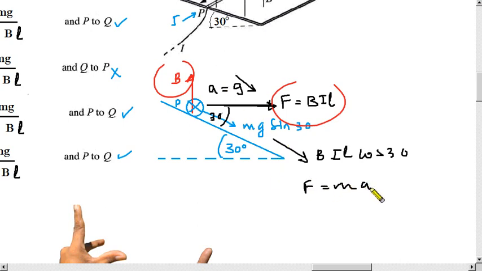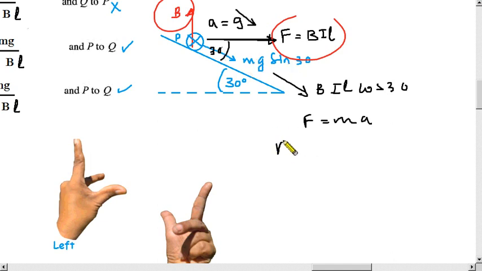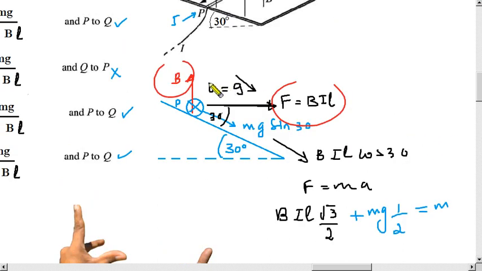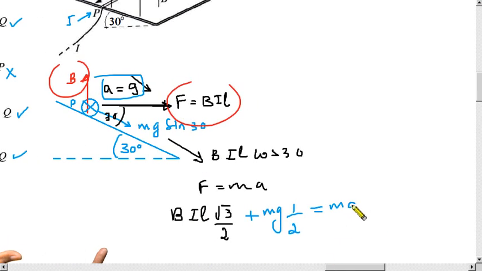So F equals ma. We have two forces downwards: BIL cos 30, which is BIL times root 3 over 2, plus mg sin 30. Sin 30 means half. This equals m times the acceleration we need, a equals g, so only g here.